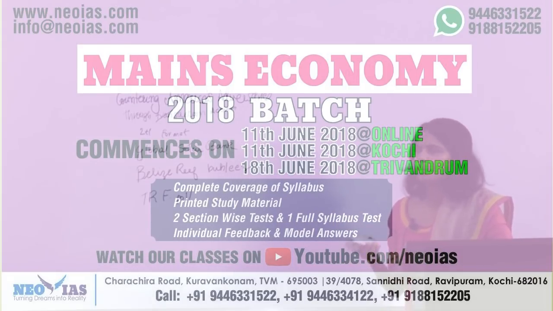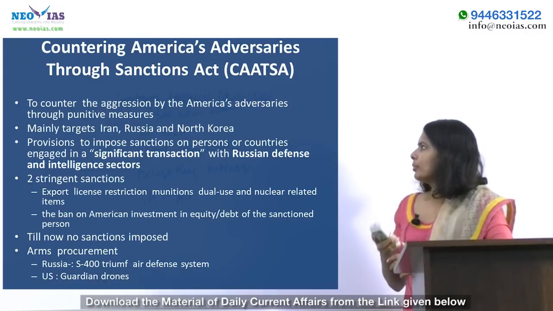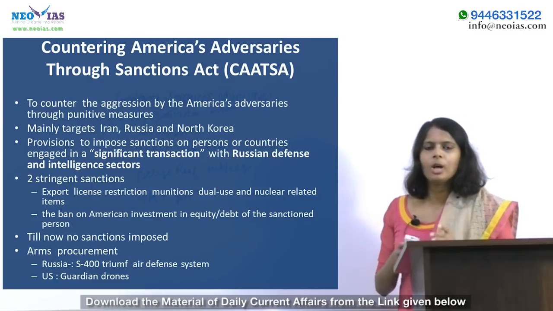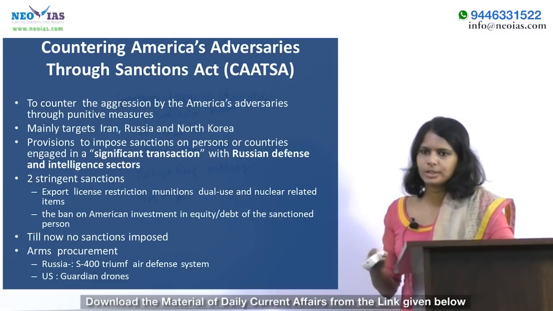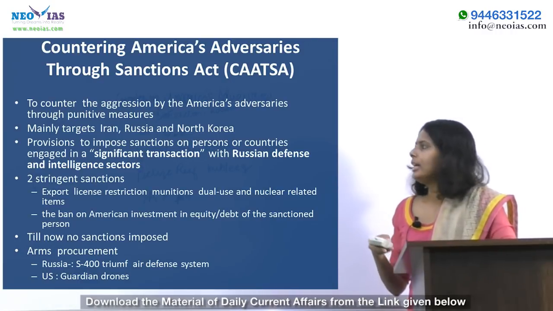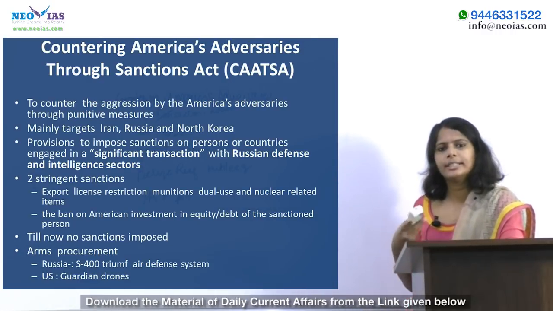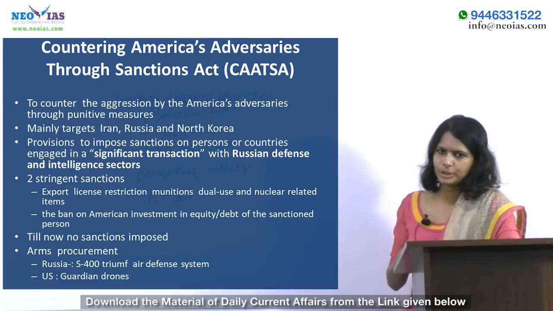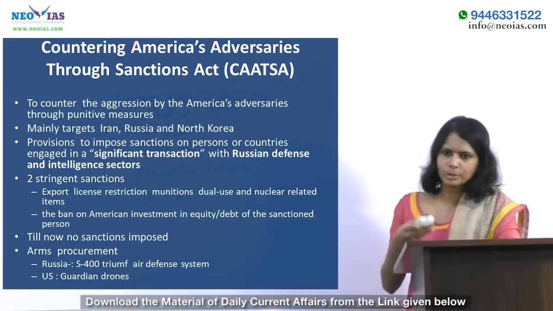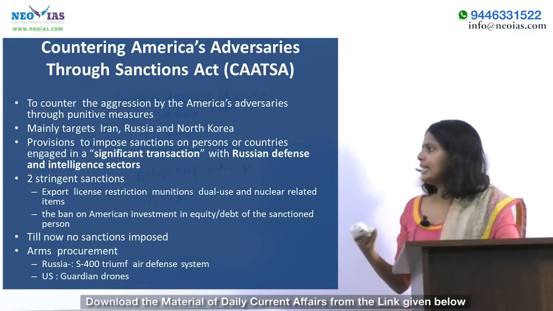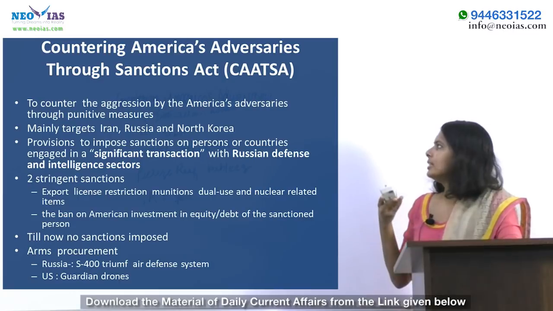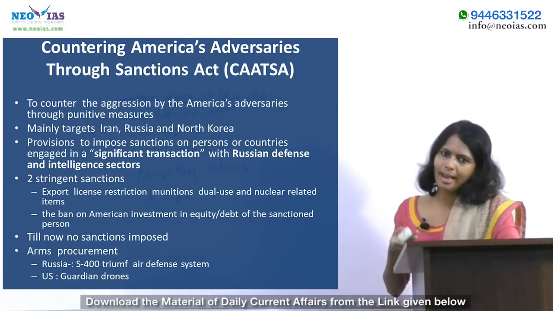The extent to which the Countering America's Adversaries Through Sanction Act would affect Indo-US defense relations will depend on what sanctions, if any, the US will impose on India in view of India's continued defense cooperation with Russia. So in the upcoming 2+2 dialogue between India and US, India will be placing its objections related to this Act.